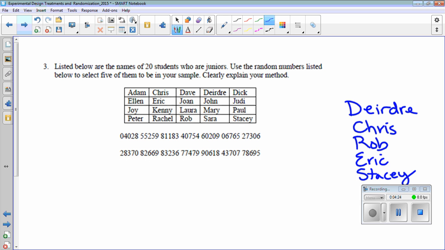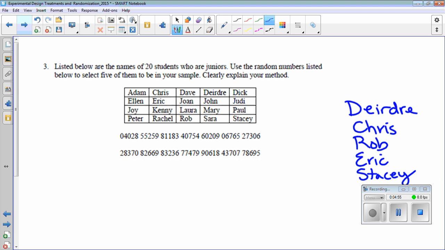The other possibilities would have been Dick, Dave, Sarah, and Adam. Anyone get those? The other ones could have been Peter, Ellen. Anyone start there? Anyone get those?